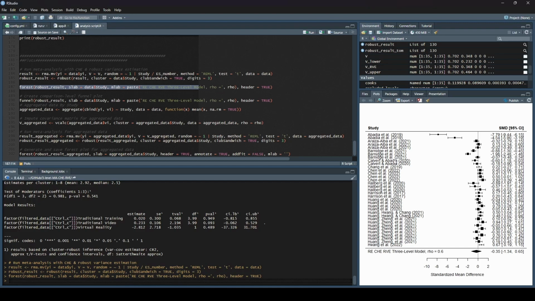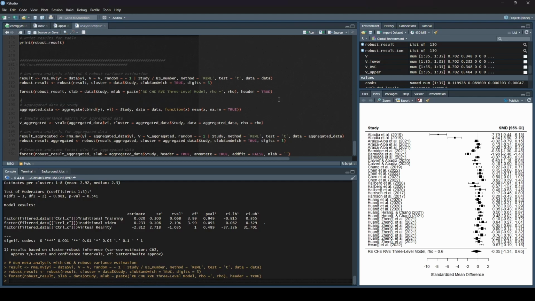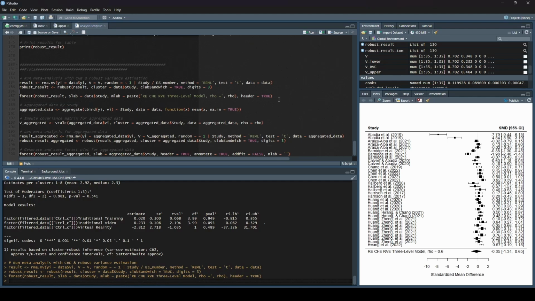As you can see, we have all of our comparisons listed here, and this is kind of difficult, in my opinion, to understand. It makes it a little bit complex. You can see I accidentally doubled this row, so let me get rid of the extra. And I'm going to label this create forest plot.